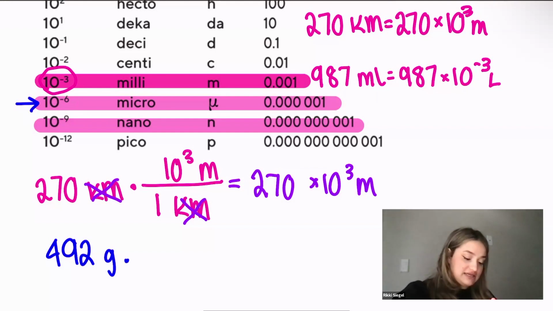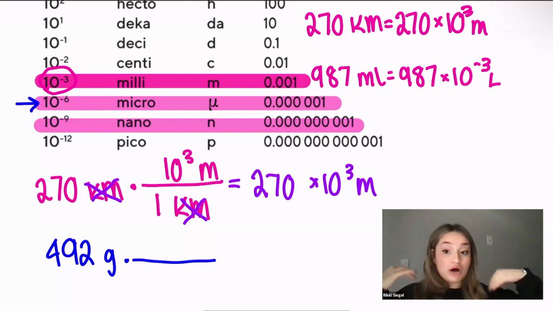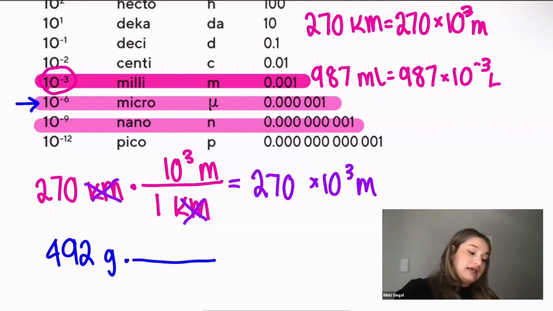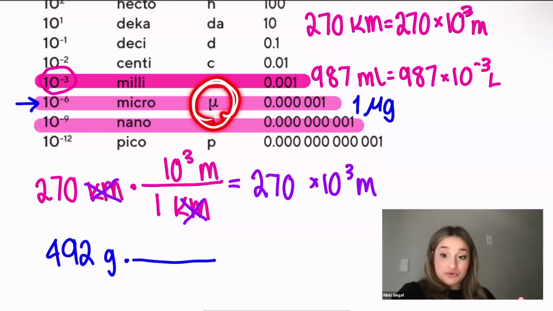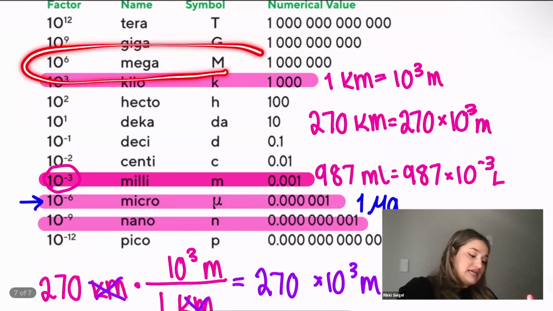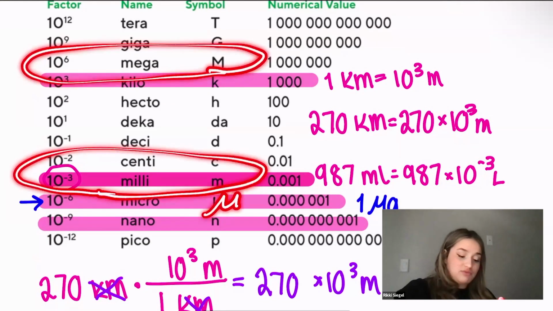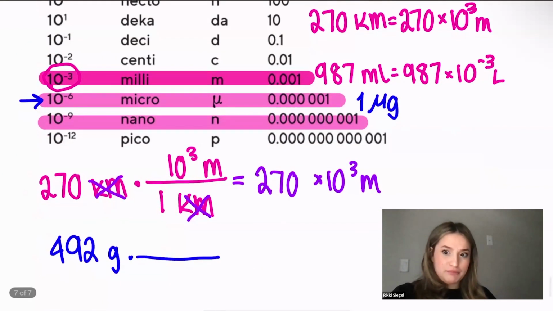Using dimensional analysis, I put whatever I want to cancel on the bottom, and whatever I want on the top. When we're using micro, this sign is called mu. As you can see, we already have capital M taken by mega. We already have lowercase m taken by milli. So that is why micro uses, I think, the Greek letter mu.